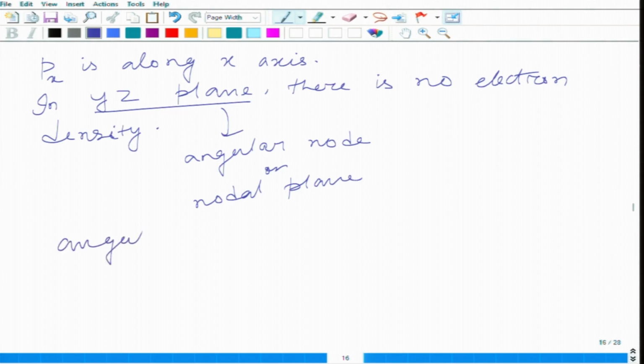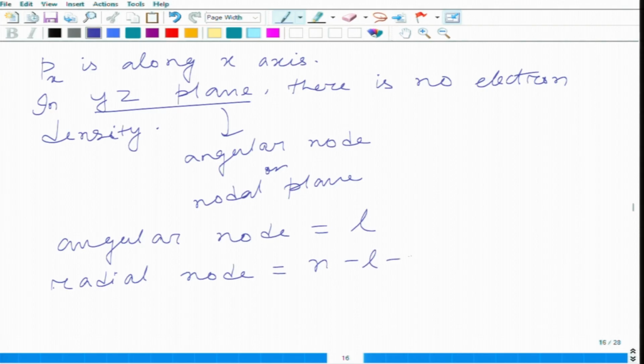The angular node is given by L and the radial node is given by n minus L minus 1.